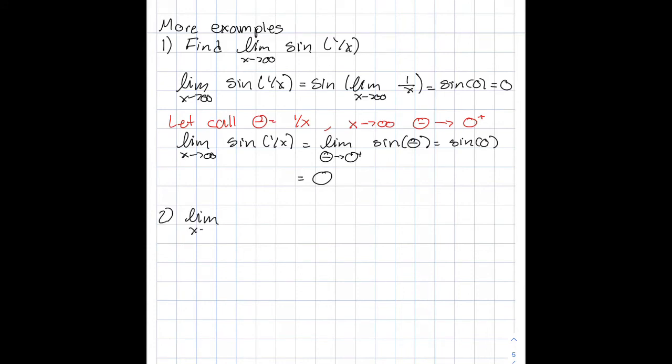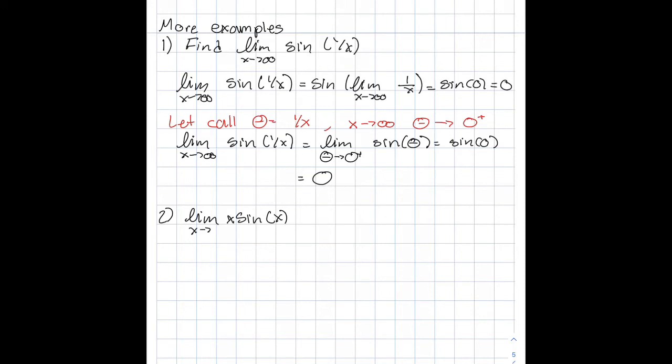Example 2, the limit as x approaches infinity of x sine of 1 over x. Wait, I want to show you guys an important notation.